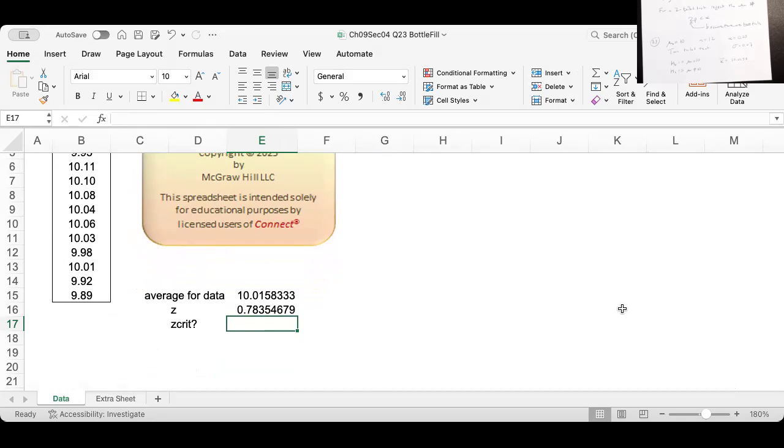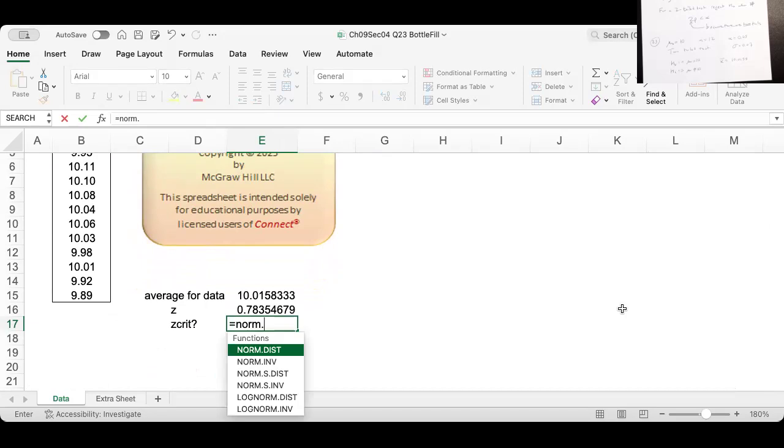Like, for the alpha value. Almost. I do the inverse norm for half the alpha value, because it's two-tailed. So I'm going to do the normal inverse, parentheses, the probability. Alpha was 0.05, so 0.025, comma 0, comma 1. Or you could use norm dot S dot inverse, because the S means standard.